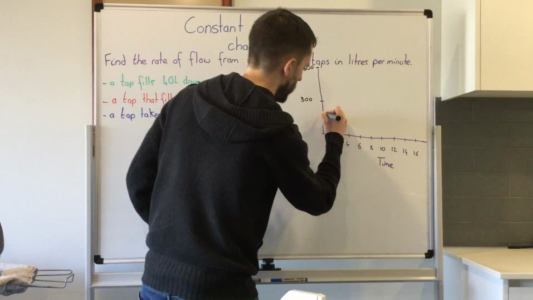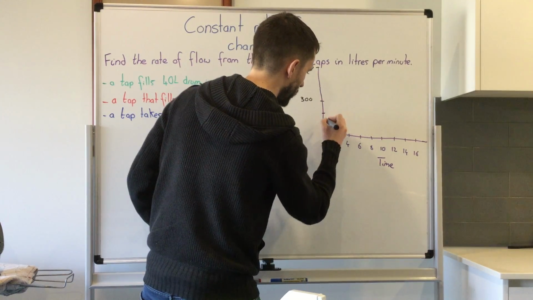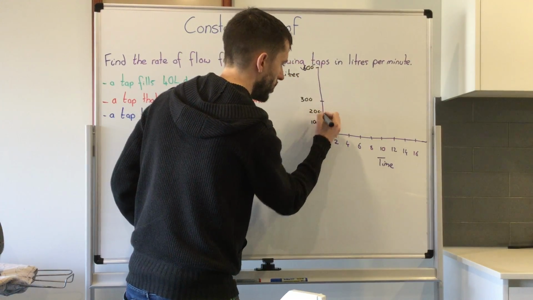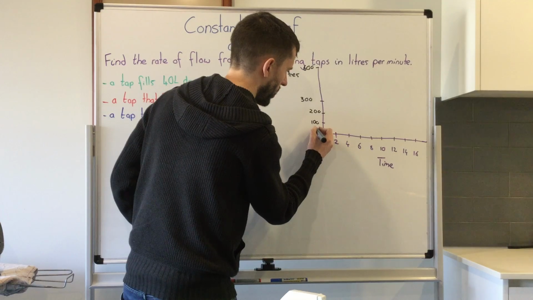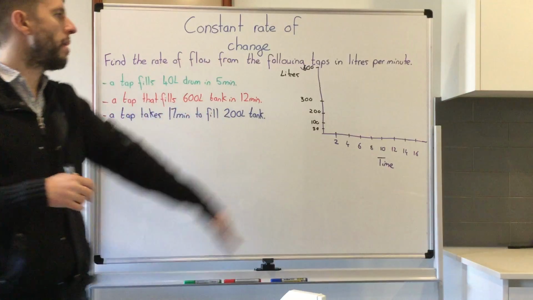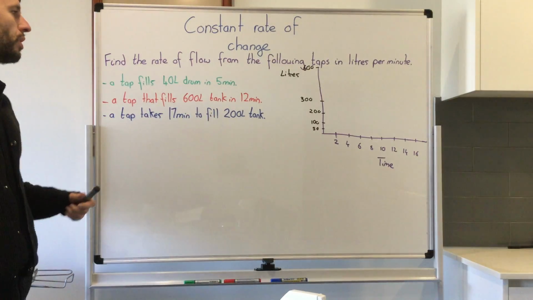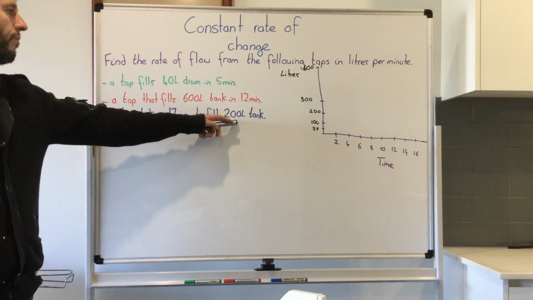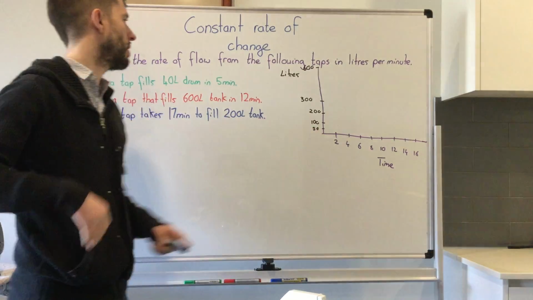And then I'm going to break it down so it's easier for me. 100, 200. Okay, so I've got all my markings on here. I can put more, which I will to help me out after, but I know where my 600 is, I know where my 200 is, and I know where my 40 is.